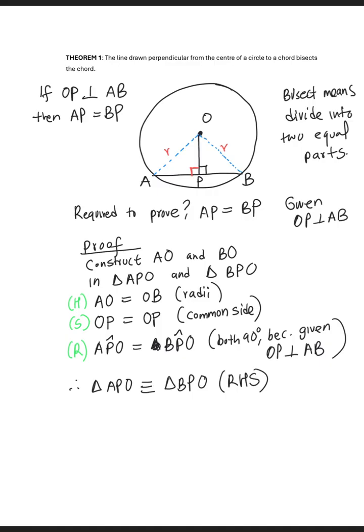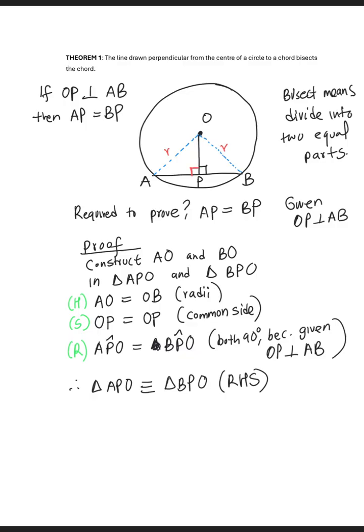This is one of the conditions for congruency, right? Remember, congruent means that the two triangles have the same measurements: their angles are the same, their corresponding sides are the same.